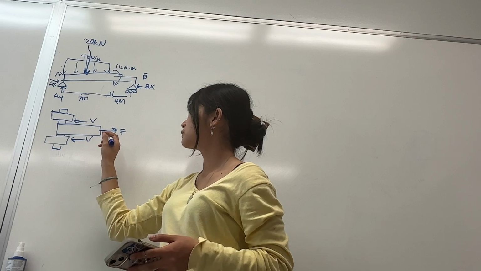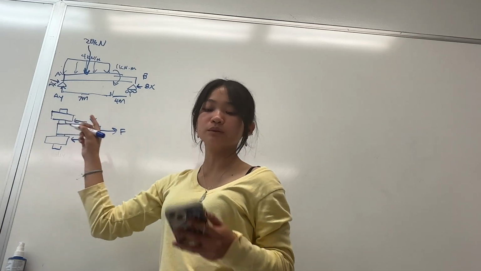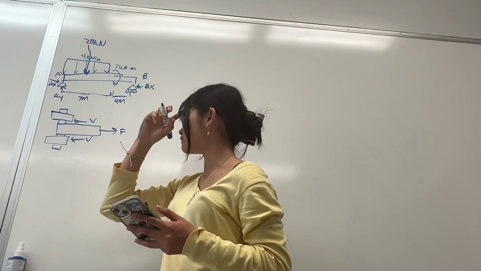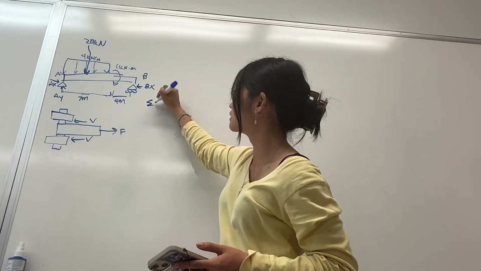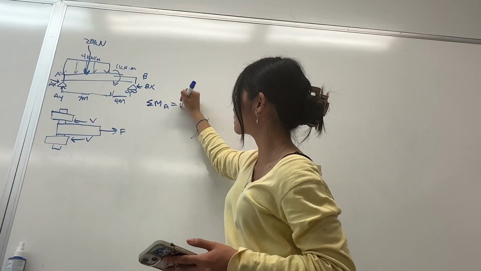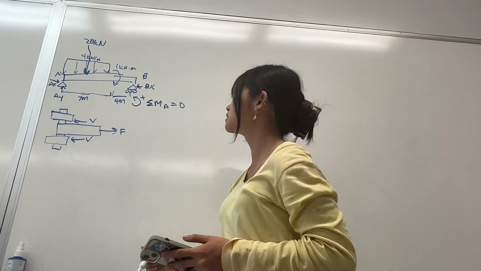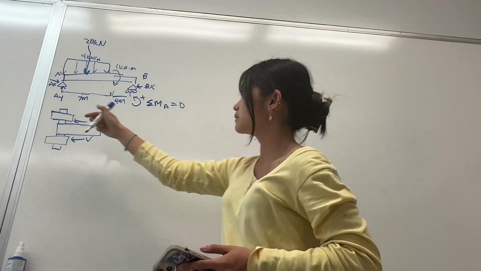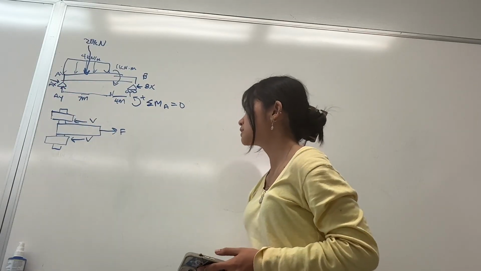We can use our equilibrium equations to find that. So we can start by doing moment about A equals 0 in the counterclockwise direction. I chose A because of our two forces here, so we can just ignore those.